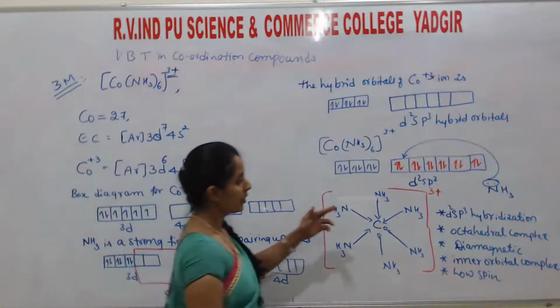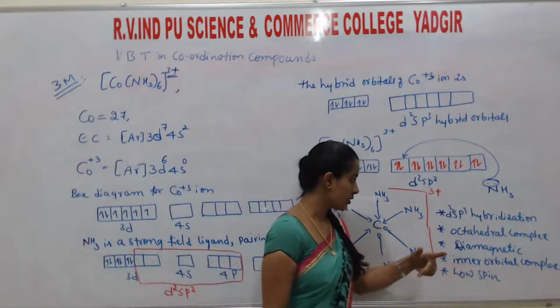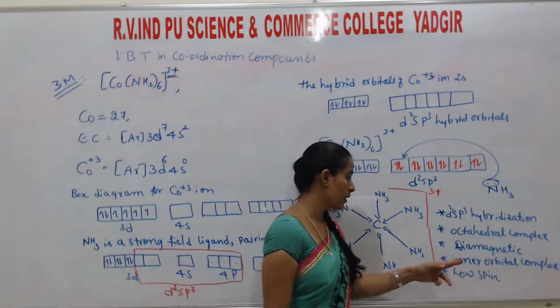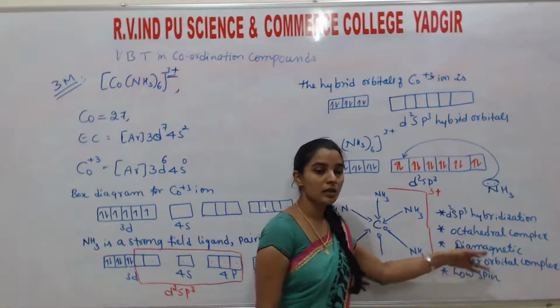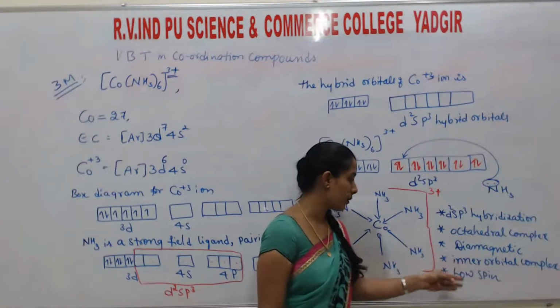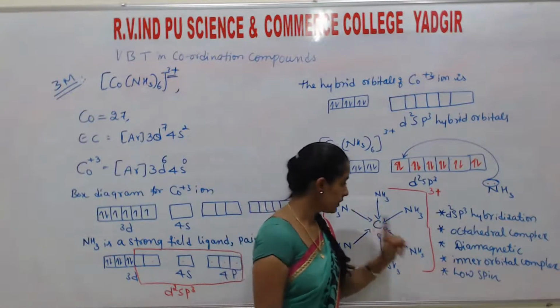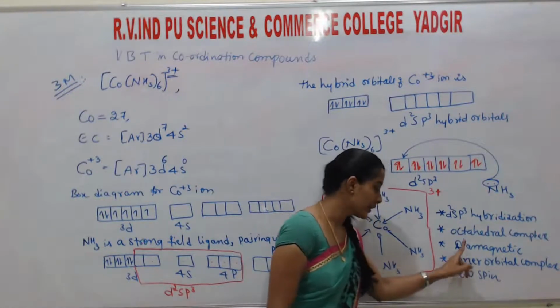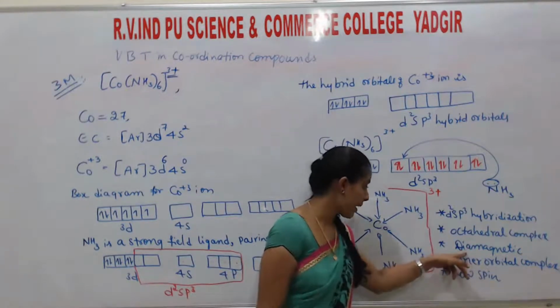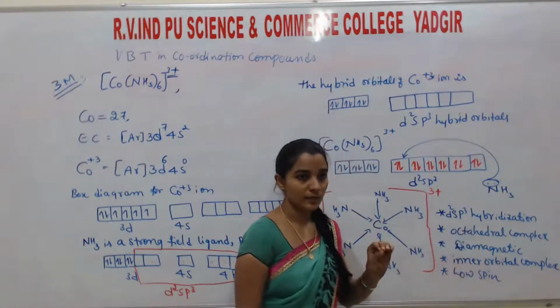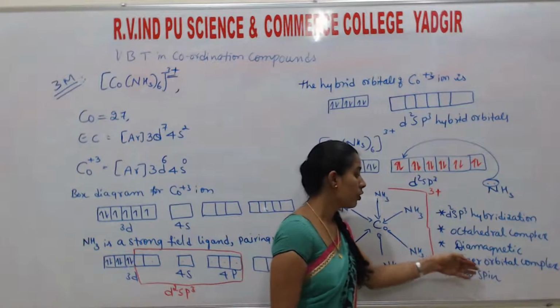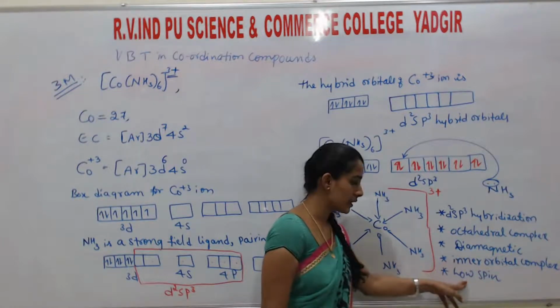One is hybridization, second one is structure, third one is magnetic property, fourth one is whether it is an inner orbital complex or an outer orbital complex, and last one is whether it is low spin or high spin. So listen, if it is diamagnetic, then it is low spin. If it is paramagnetic, then it is high spin. Or even check, if it is an inner orbital complex, then it is low spin.